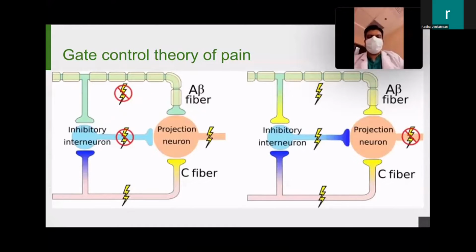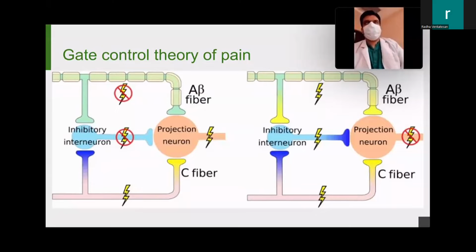And this is some basic understanding to understand the gate control theory, and also commonly whenever somebody falls, we rub on the area. How do those mechanisms reduce the pain? This is mainly by the descending tract mechanism.